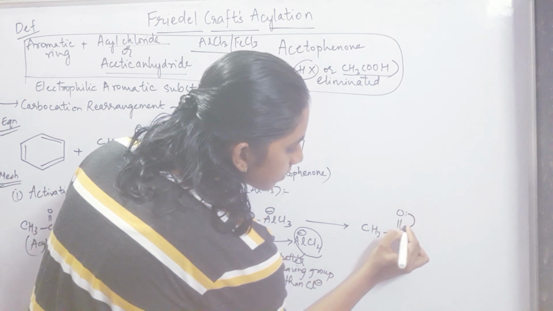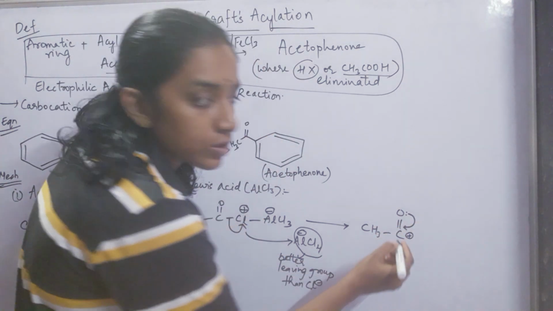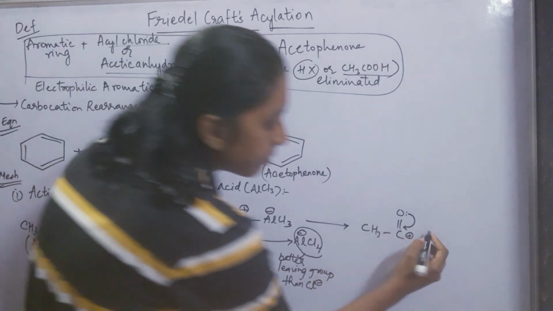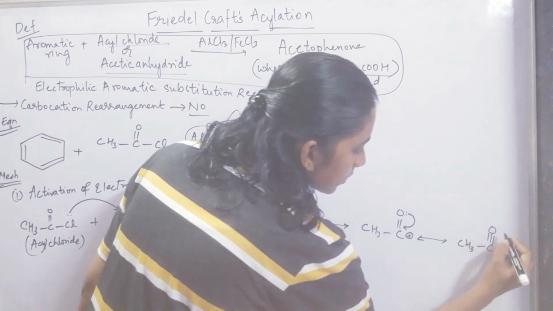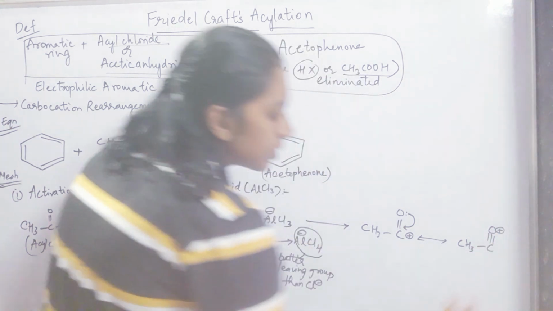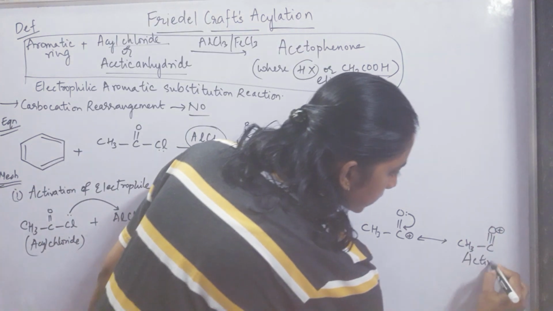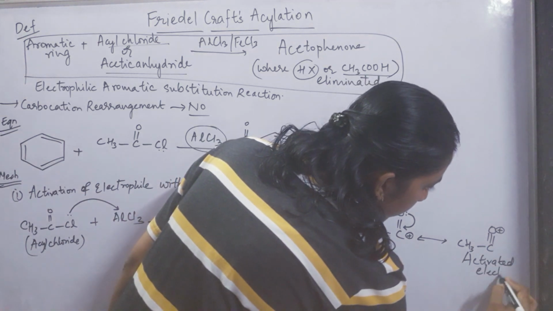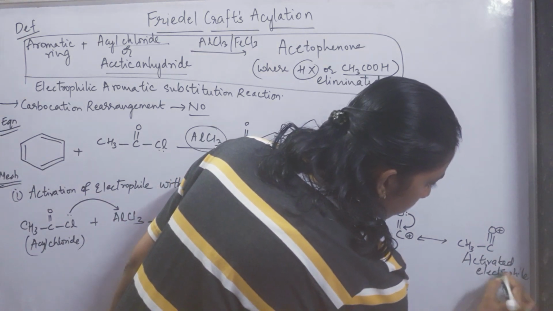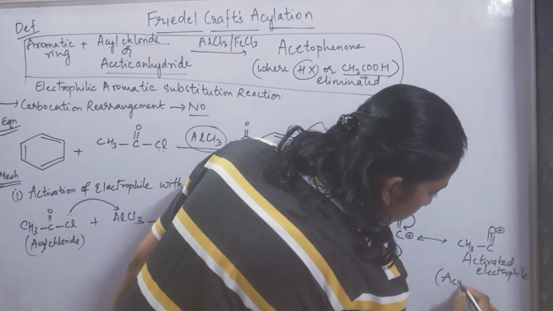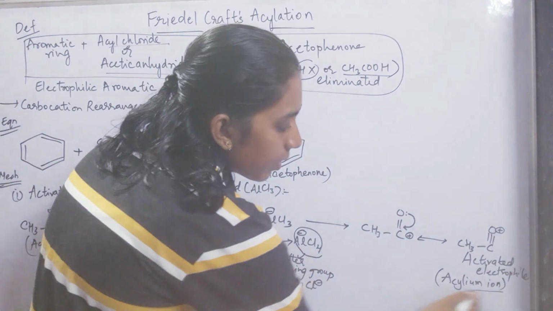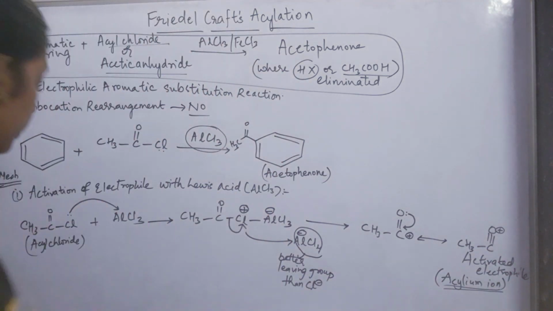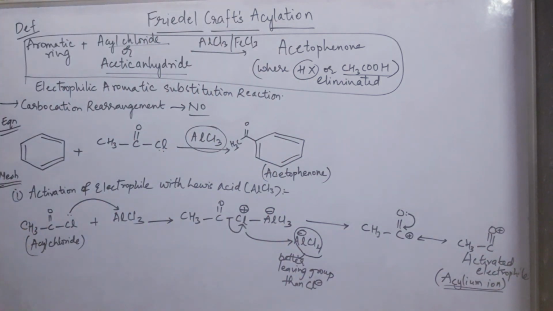Oxygen will share its lone pair of electrons with the electron deficient carbon and will give us an activated electrophile. As oxygen is forming 3 bonds, it gets a positive charge. So this is an activated electrophile, also called acylium ion. So this acylium ion will now react with the benzene, which will be the rate determining step or the slow step.